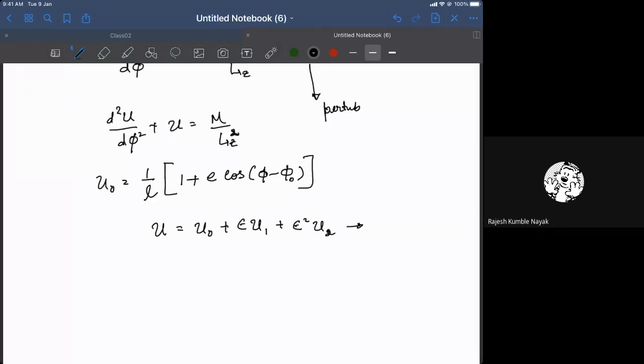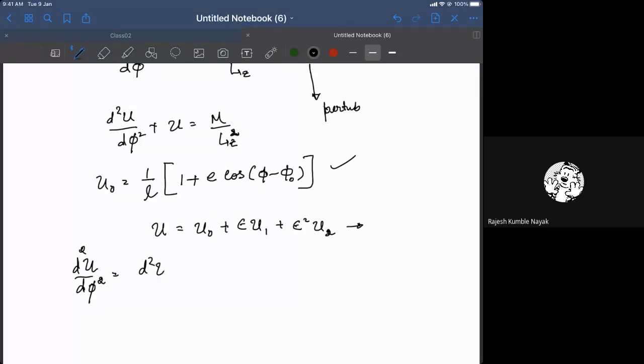Zeroth order would give you the Newtonian equation, and that has this solution. And then for first order you can substitute. So let us do that. We are interested in d u by d phi. Actually, we can straight away calculate this. There is no problem.